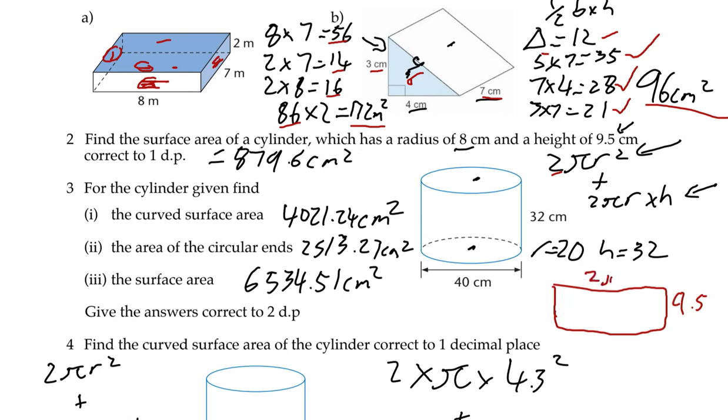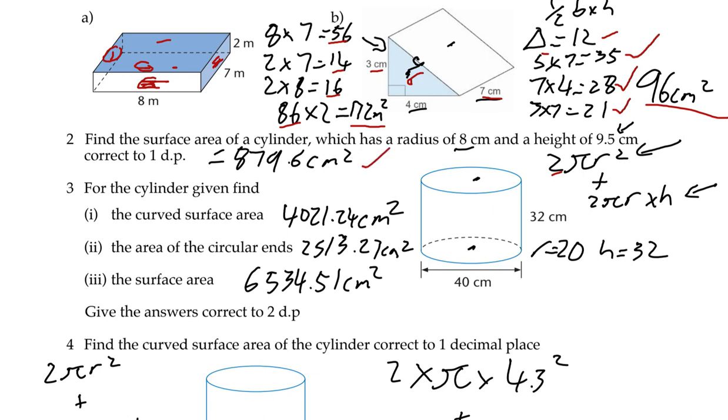It's going to be 2 pi r, because that's going to be this at the top, if this was our cylinder. So that's why we have 2 pi r times h. Okay, 2 pi r, which is that part at the top, and h. When you multiply those numbers out, inserting your r as 8 and your h of 9.5, you should get 879.6 centimeters squared.